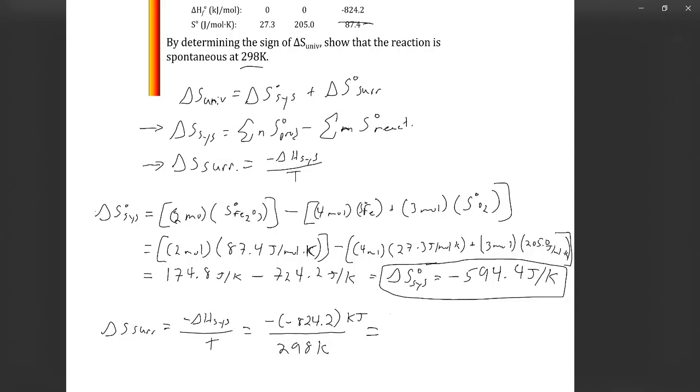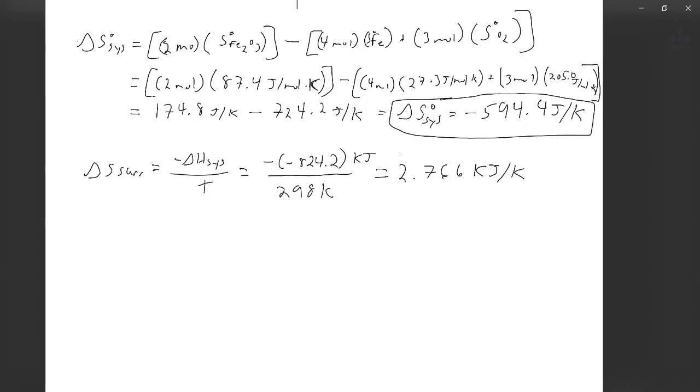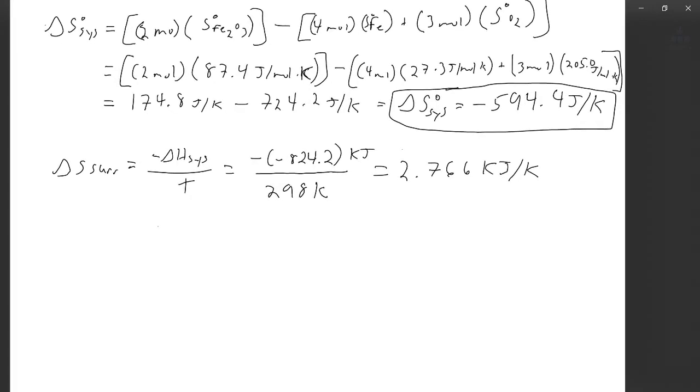So this ends up giving you 2.766 kilojoules over Kelvin. But you notice that here we're in kilojoules and up there we're in joules. So now we need to convert our unit here. So we have 2.766 kilojoules per 1 Kelvin.